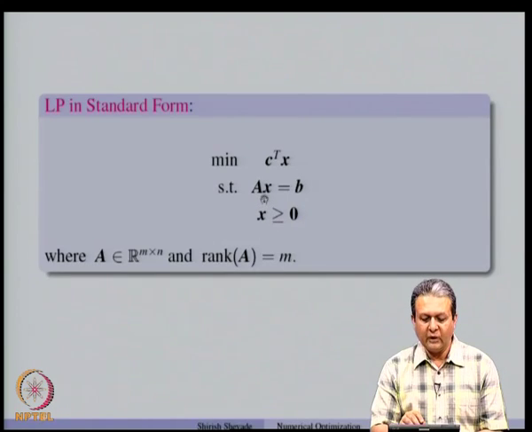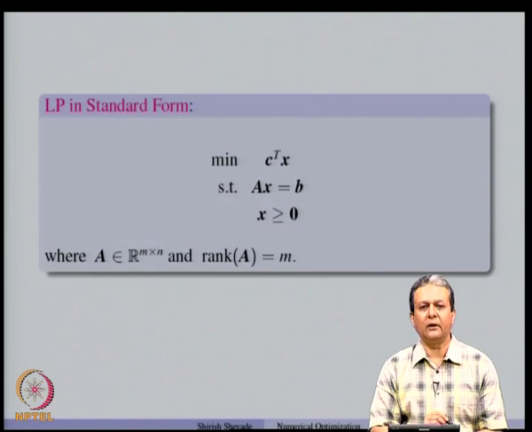More importantly, the constraints are of the type Ax equal to b, so we have all equality constraints. There are no less than or equal to type constraints in this Ax equal to b, and all the variables are non-negative. So, this is the only inequality constraint, that the variables are non-negative. When we have a program in this form, we call it a linear program in standard form.